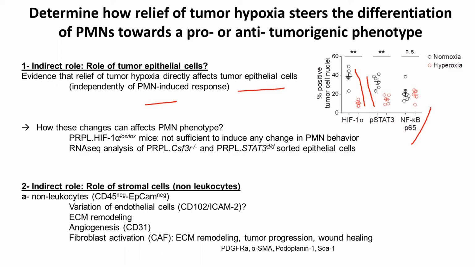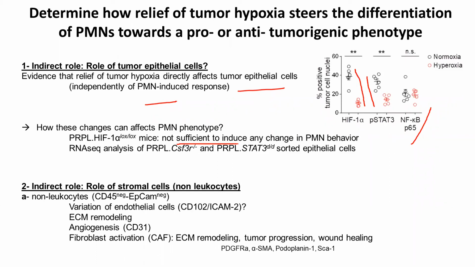We already generated purple HIF-1 alpha knockout mice. On these mice, only the HIF-1 signaling pathway will be affected on epithelial tumor cells. And we found that this defect was not sufficient to induce any change in the PMN phenotype.